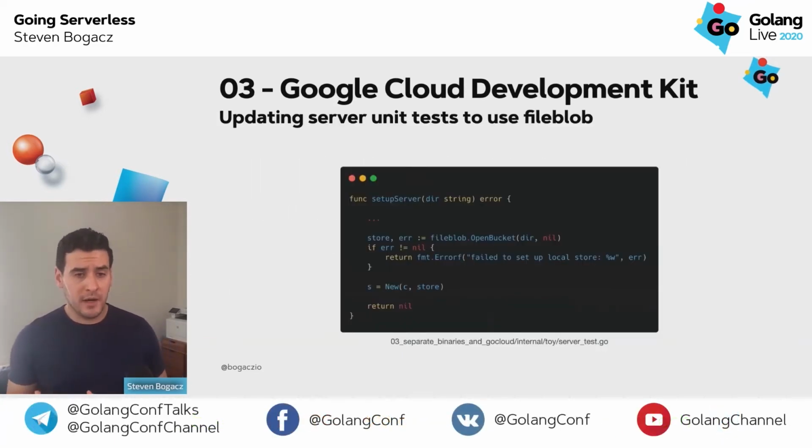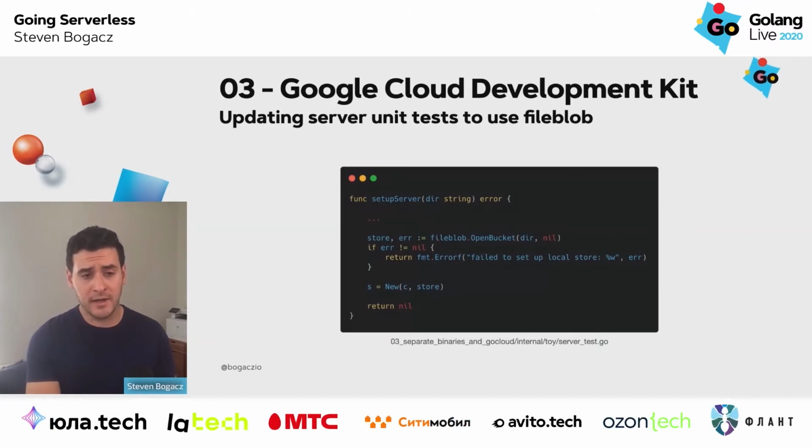So now we can update our unit test so that we can optionally use file blob storage, just like storing on our local machine. As you can see here, it opens the bucket, you give it some directory, and then we can instantiate our server agnostically, just saying here, use this store.